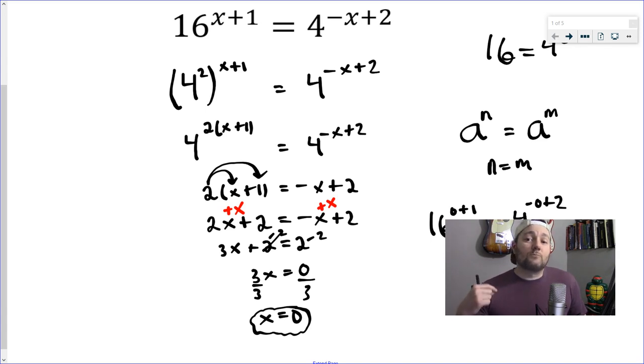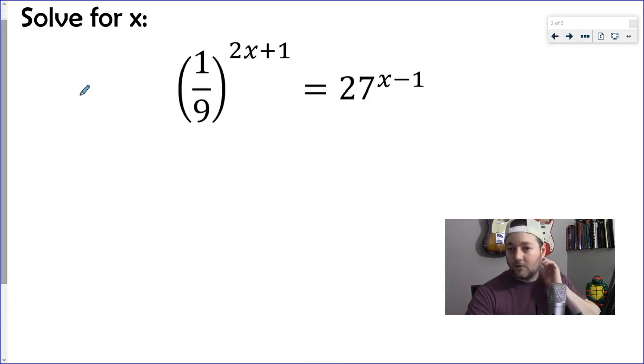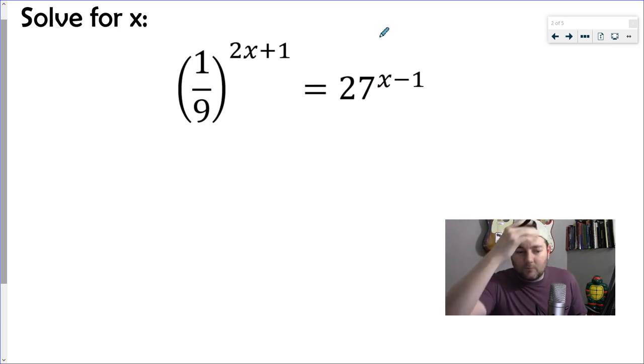So let's progress a little bit with a slightly more complicated question. I'm planning on this video being a little bit long, guys, so I'm not too concerned if I go a bit long. We have a situation here that's very similar to the last question. We have two bases, 1 over 9 and 27, and we need to try to make them common. So you've got to think a little bit mathematically when it comes to this.